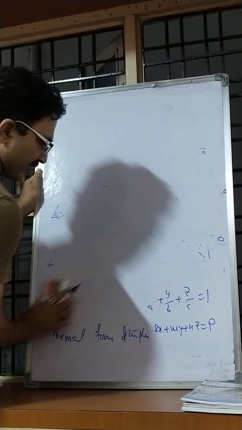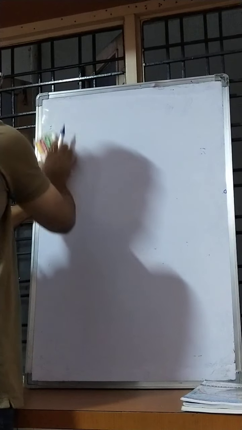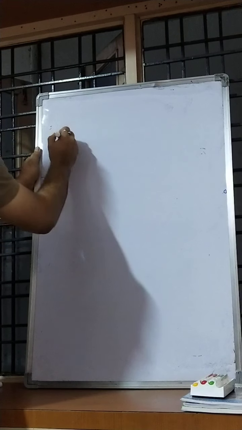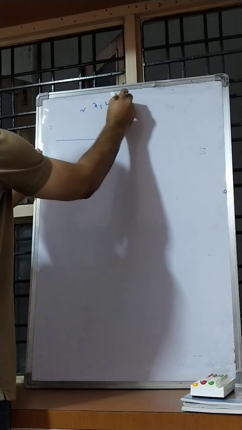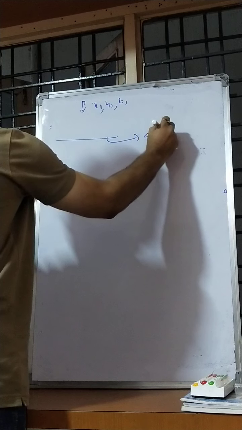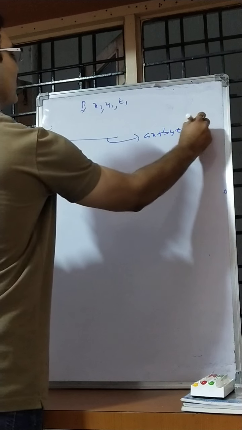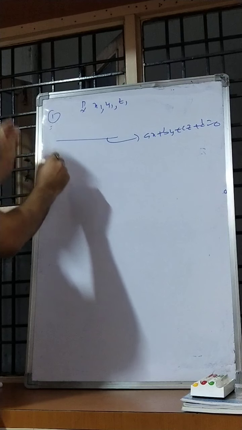Now we'll move on to the next one. Suppose, okay, now you see here a point P(x1, y1, z1) is given and the plane equation is given, ax + by + cz + d = 0. Here we can find three things now.